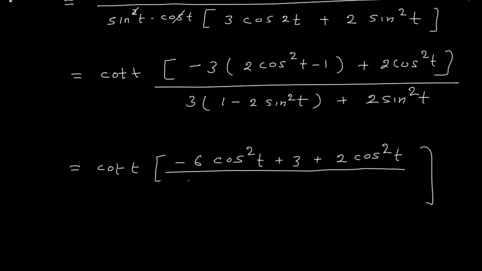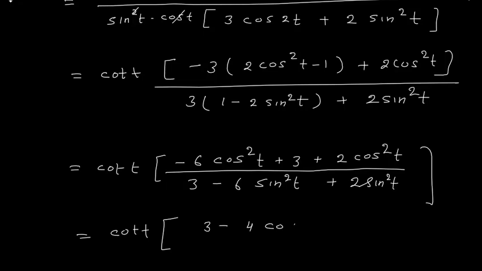Here we have 3 minus 6 sin square t plus 2 sin square t. So this is cot t, and here I have 3 minus 4 cos square t, 3 minus 4 cos square t.